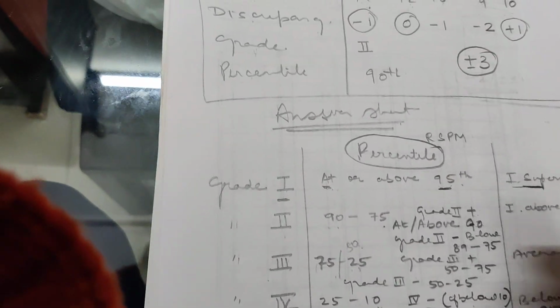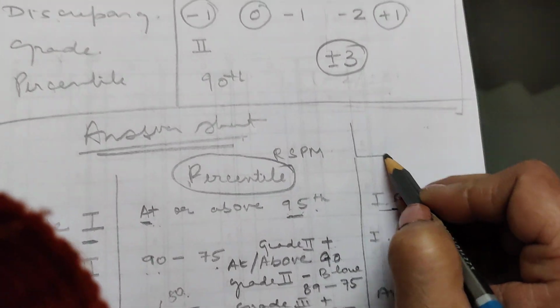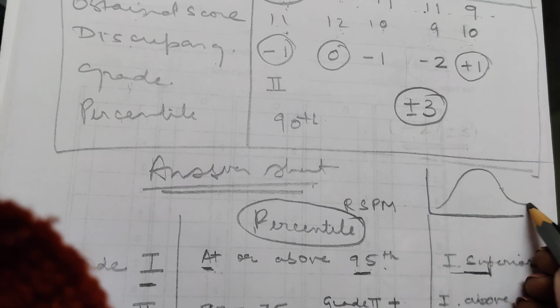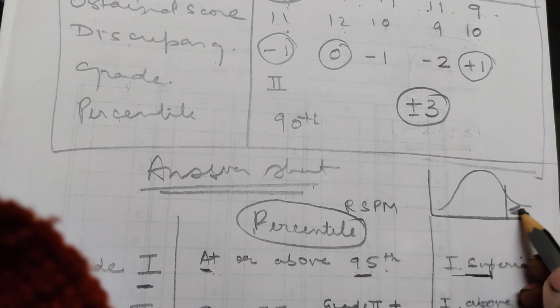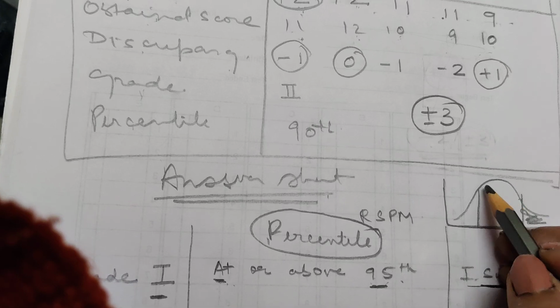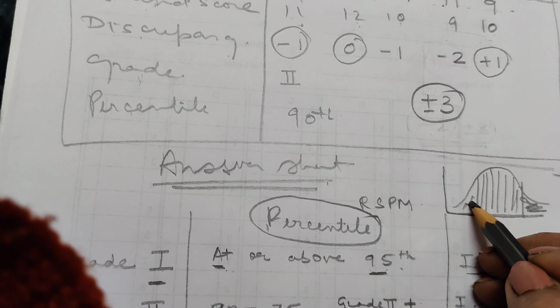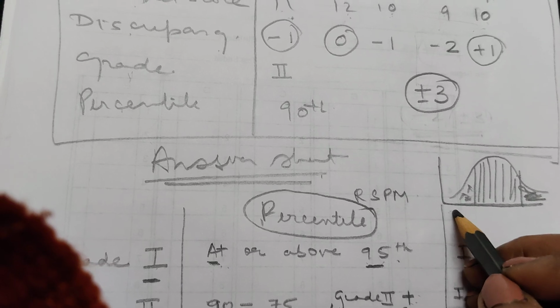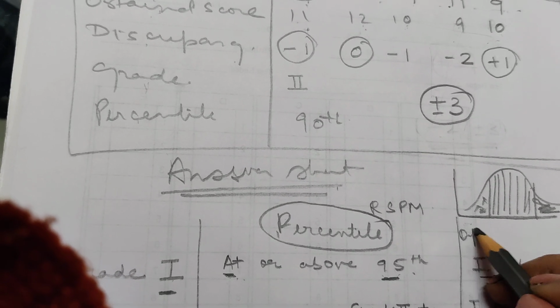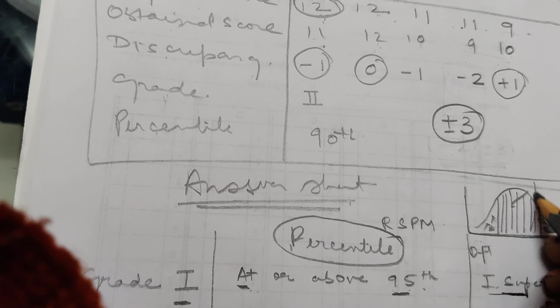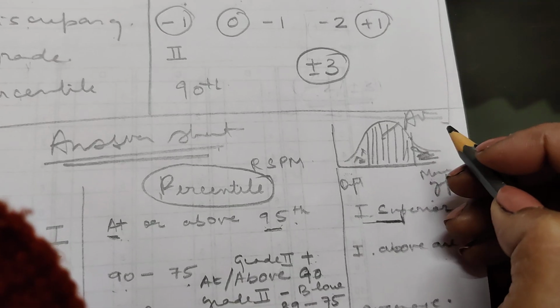That is, if we make the bell-shaped curve here, you remember, here are the gifted ones, here are the average ones, and here are the intellectually impaired ones. So deficit here, gifted or more here, and average is here.